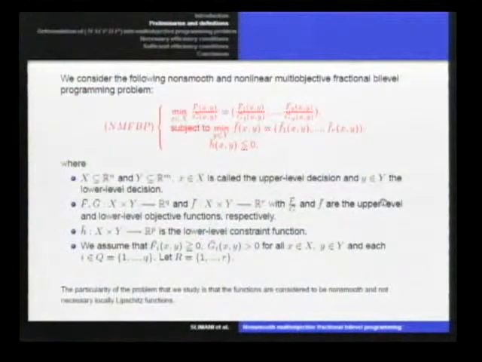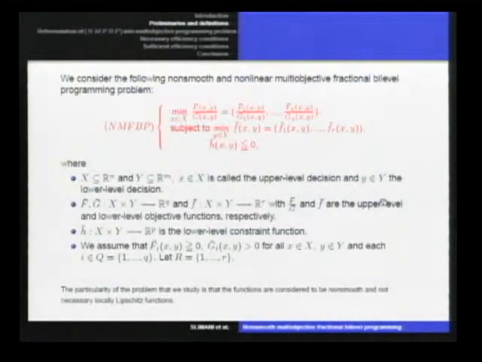The problem that we have considered in our paper is the following nonsmooth and nonlinear multi-objective fractional bilevel programming problem. The upper objective function is fractional vector valued.